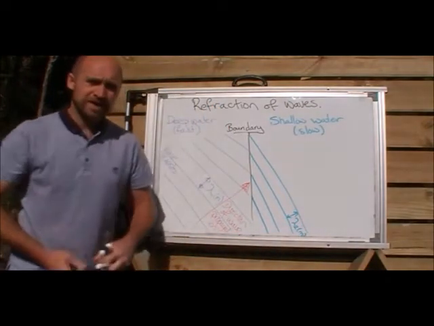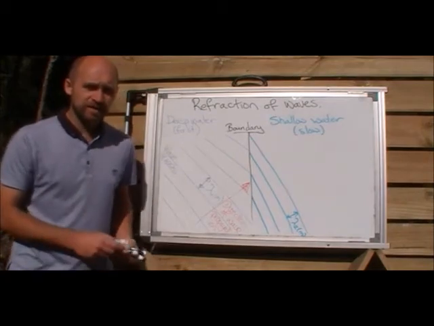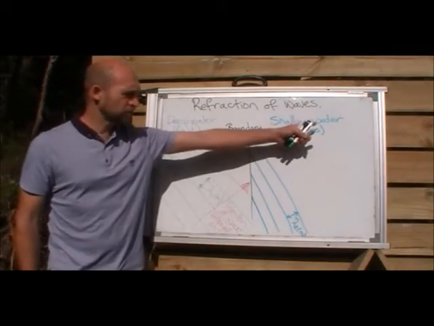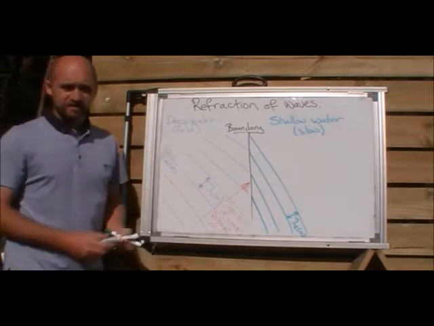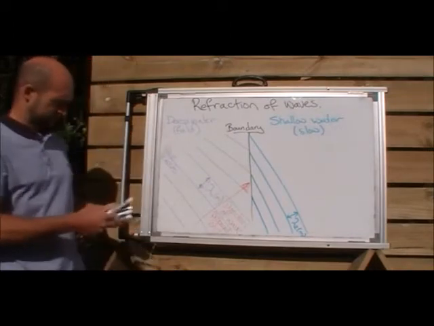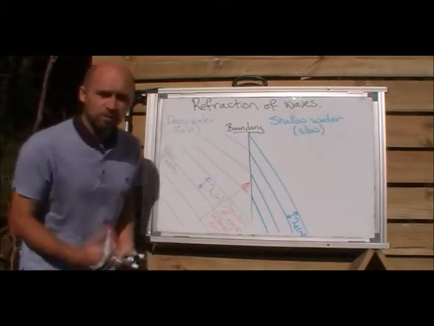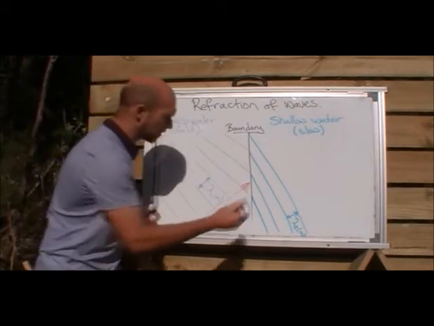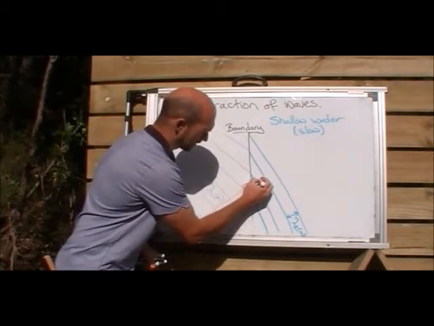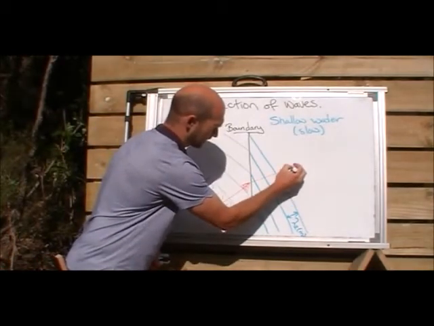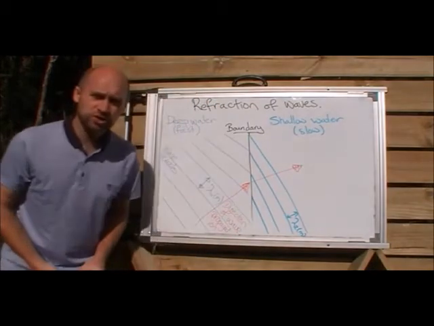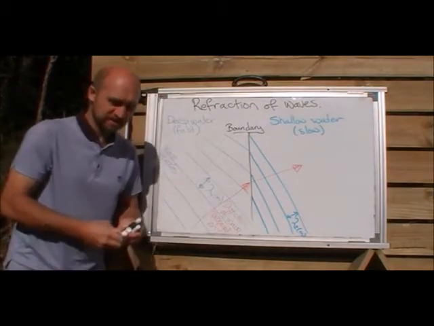Lambda 2 is less than lambda 1 because V2 is less than V1. And so now what direction are those waves going in? Look at this. That direction of wave travel has bent as well.